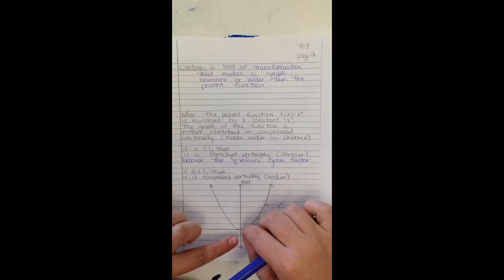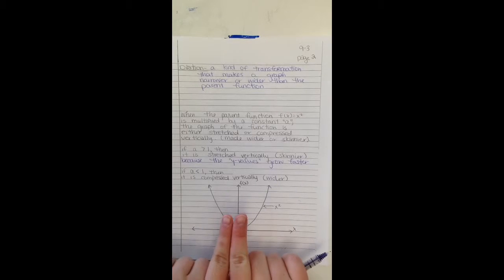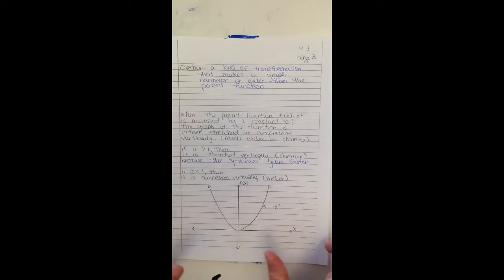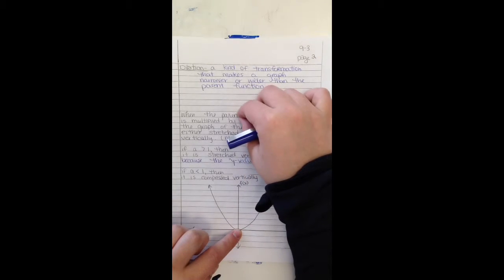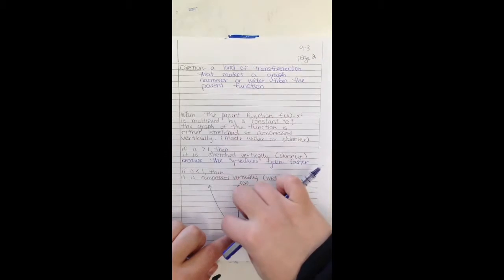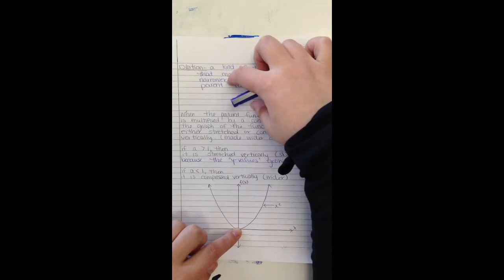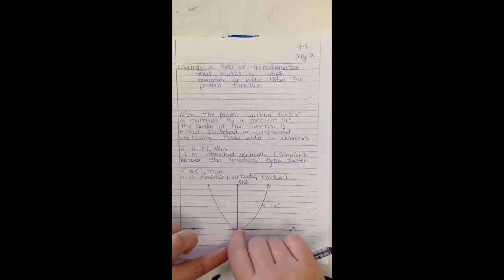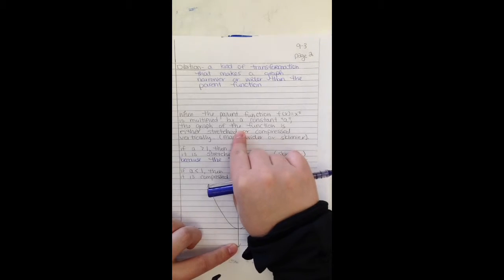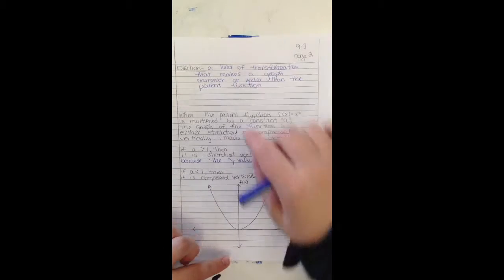Sometimes I think, I'm multiplying it by 4, so it should get bigger or wider, but what we should really think about is, it's going to make it taller, faster, so it gets skinnier. So it is getting bigger, but it's getting bigger upward instead of outward. So if it's bigger than 1, it goes upward and gets taller and skinnier.